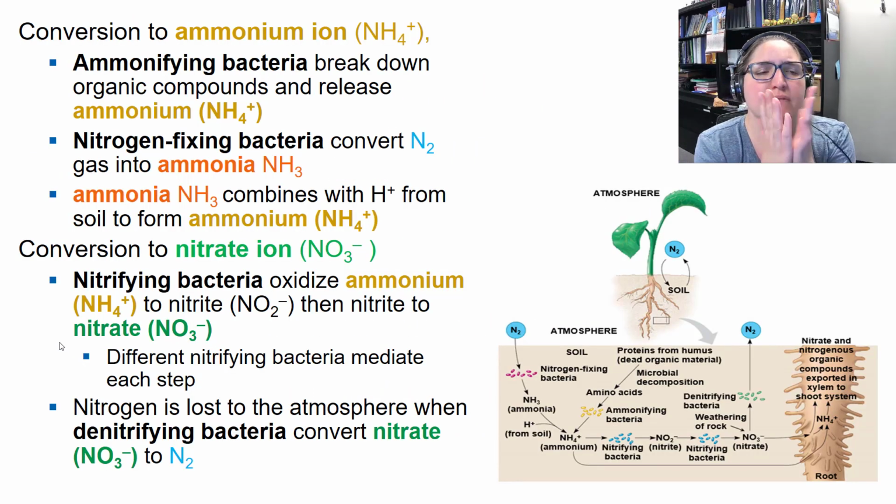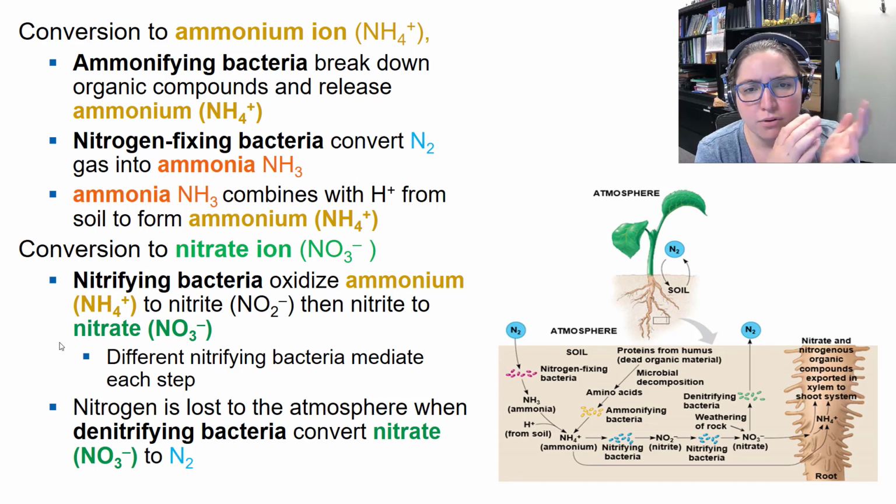So there are different ways that ammonium ion can be produced. There are ammonifying bacteria that break down organic compounds and release ammonium. There are nitrogen-fixing bacteria that convert nitrogen gas into ammonia, NH3, and then ammonia, NH3, combines with hydrogen ion to form ammonium, which is NH4.